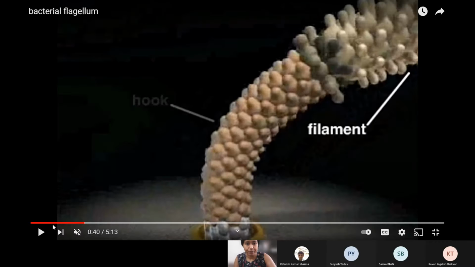So it's embedded, and this embedment is done by something called the basal body. So there are three parts. You have the filament, that is the whip. You have a hook that attaches this filament to the rest of the body, and then you have the basal body that connects it to the cytoplasmic membrane of the bacteria, and that also helps it to perceive things from inside the bacteria, and we will see that now.